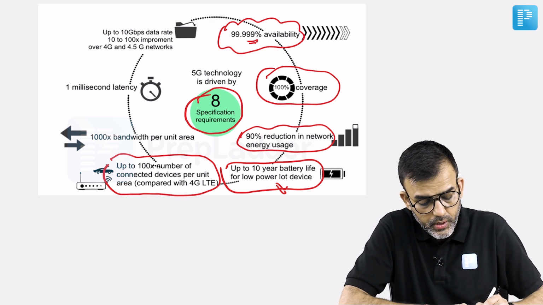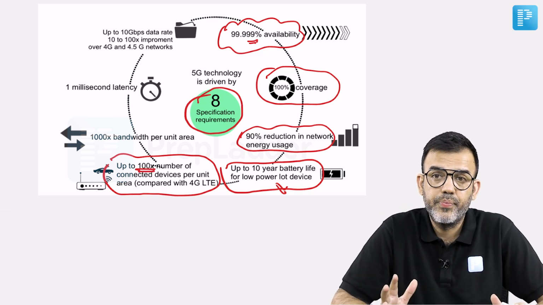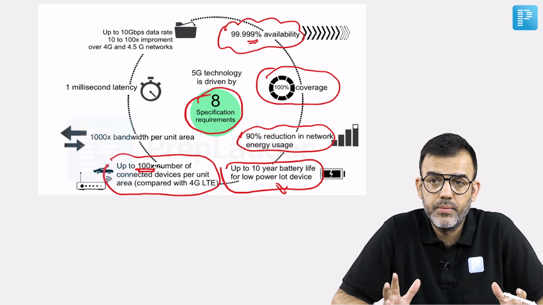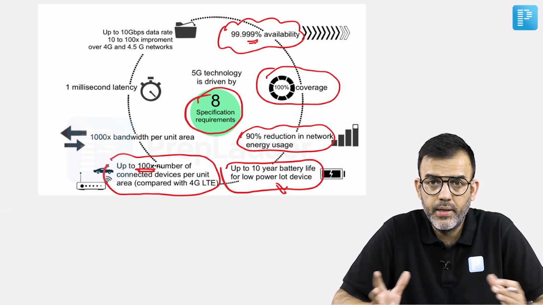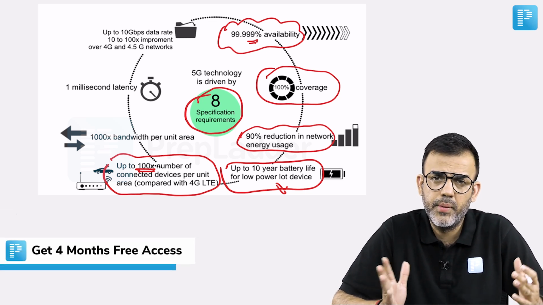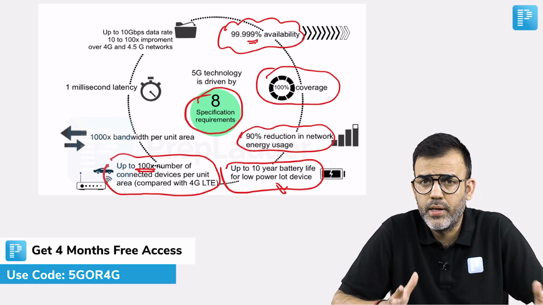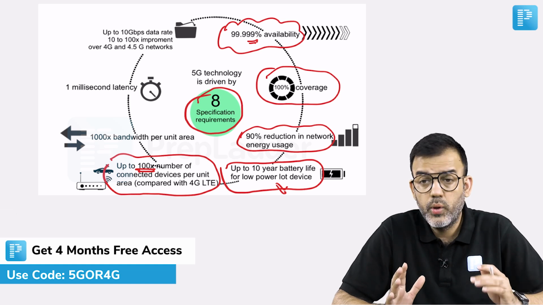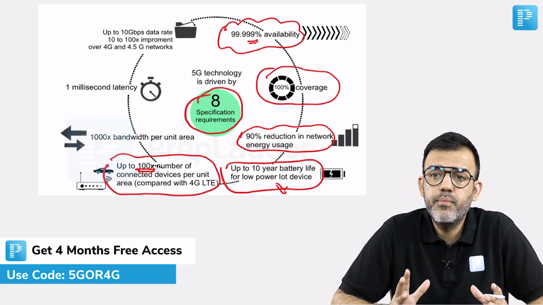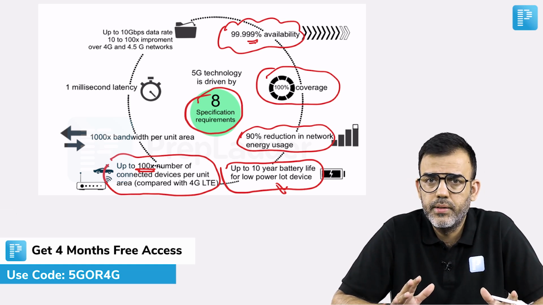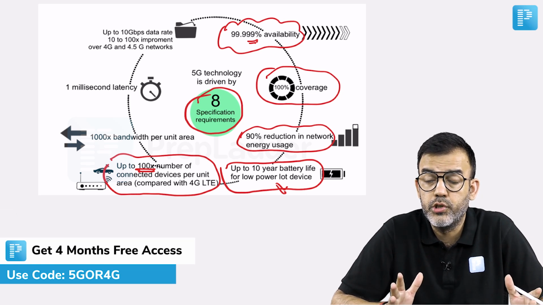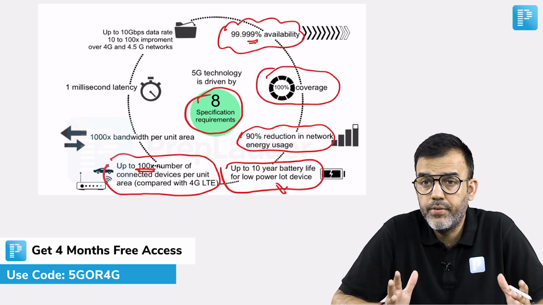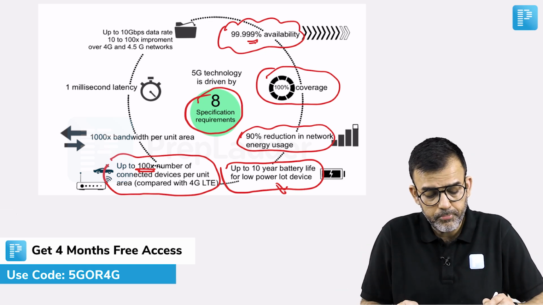That means the density of the devices in any area, per square kilometer or per square meter, whatever it is, you can have 100 times more devices connected in that area in 5G as compared to 4G. So that's another very big advantage with 5G.